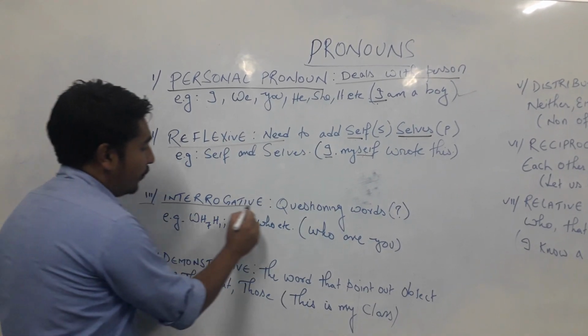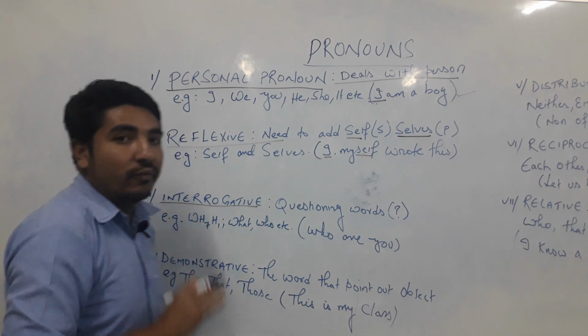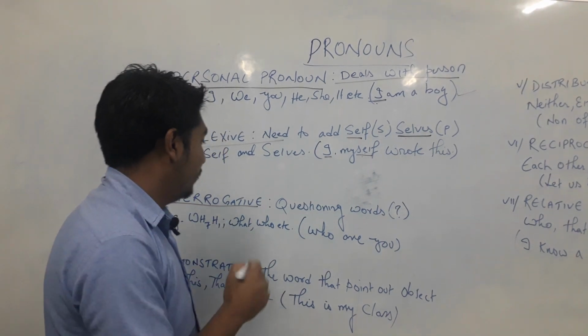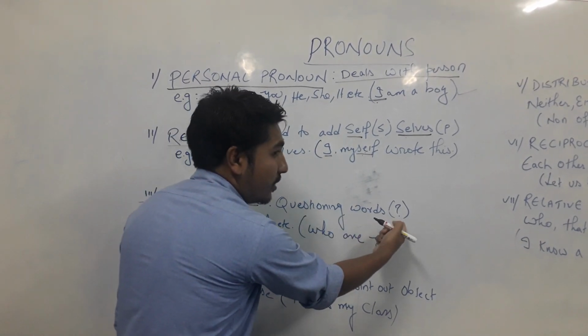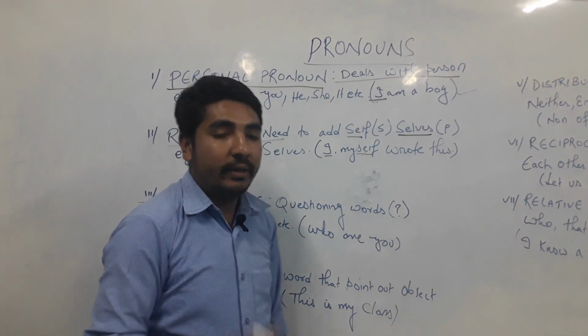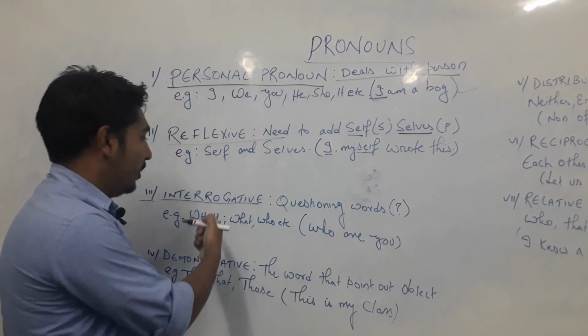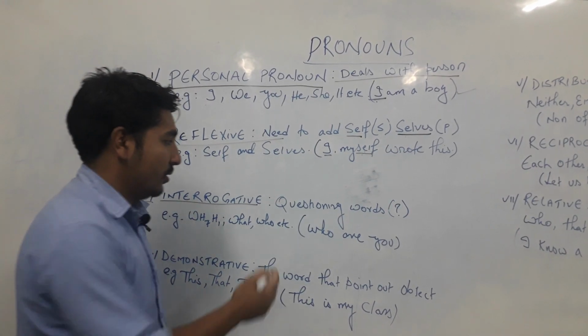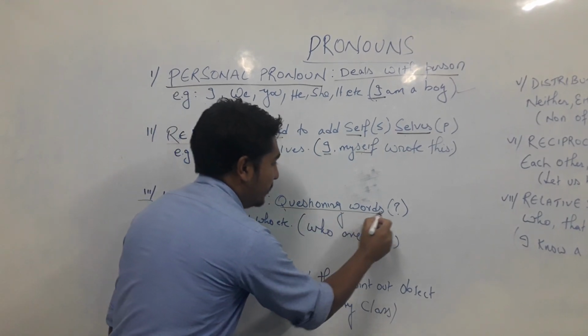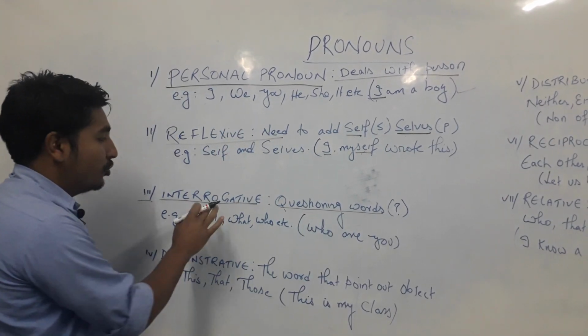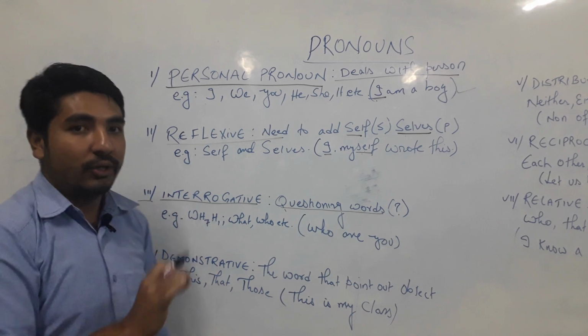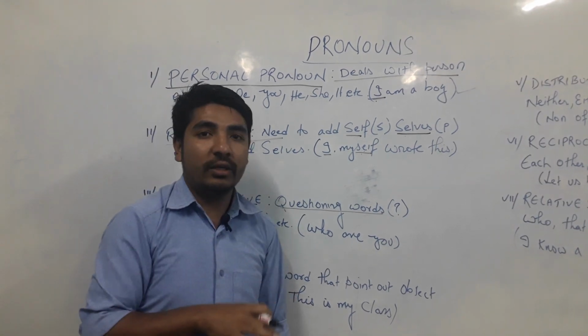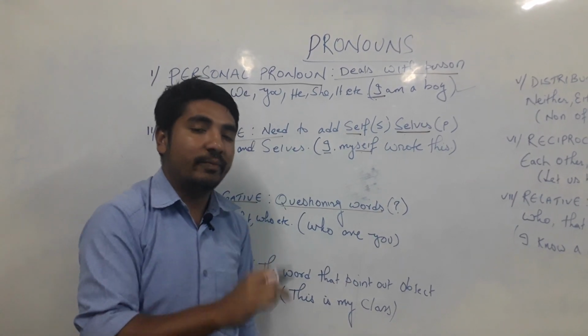Interrogative. Whenever you come across this word interrogative, question mark should come inside your mind. Interrogation means question. It's a questioning word. I have written interrogative pronoun is actually a questioning word that replaces the noun.